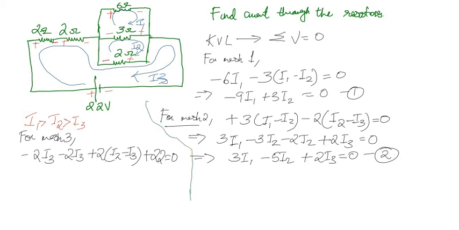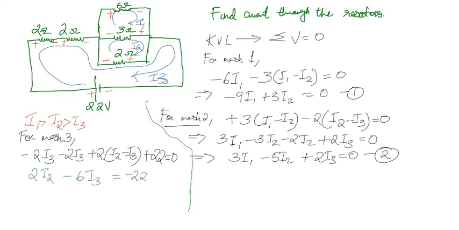When I am simplifying it, I'll be getting something like this: 2I2 minus 6I3 equal to minus 22.